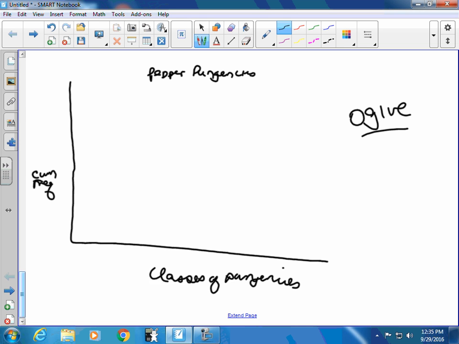What's your total frequency? 24. So we've got to go from 0 to 24. So from 0, count your boxes, get to 24. Whether it's 1s, 2s, every 3 could be 2, every 2 could be 3, every 5, whatever it takes to get there.